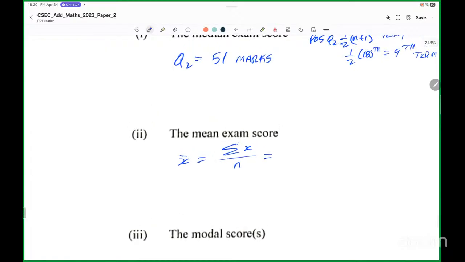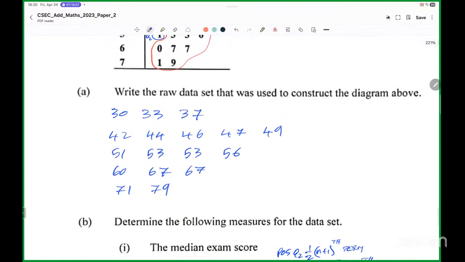So we're going to add up all those values and divide. Sum of the values, number of values equals 17. What's the sum of those values? Add up all of these.